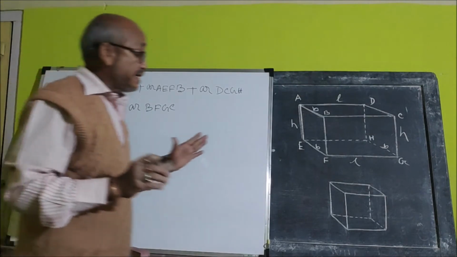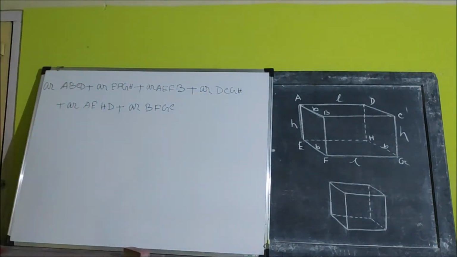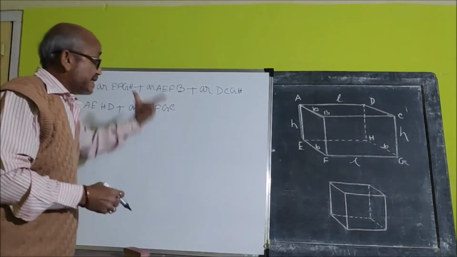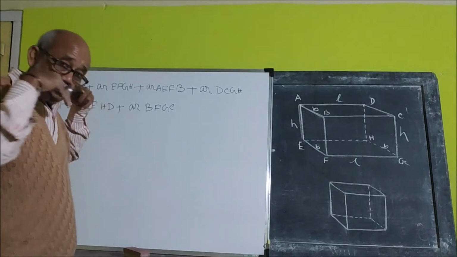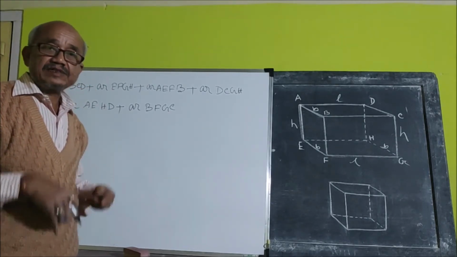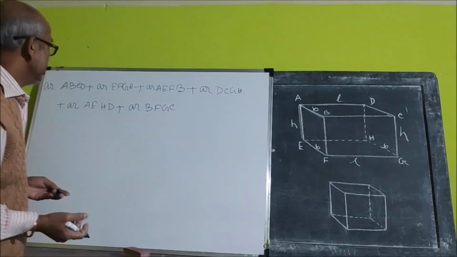As these six sides make a cuboid, the area of the 6 rectangles is ultimately equal to the area of the cuboid.